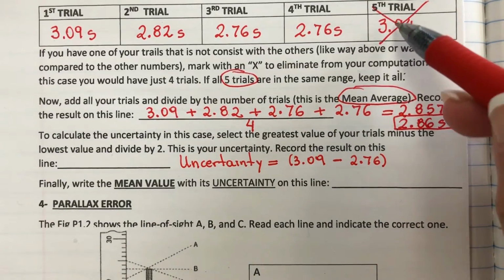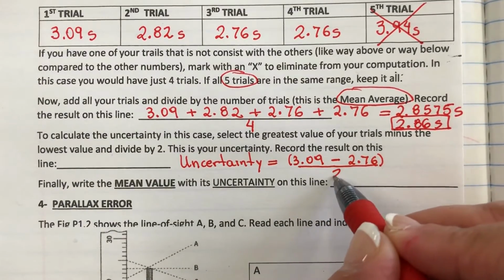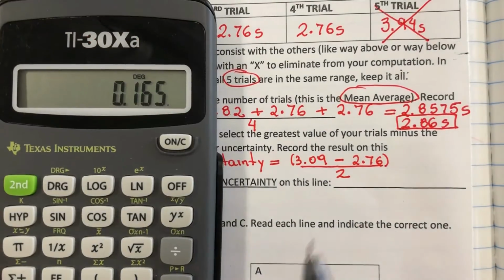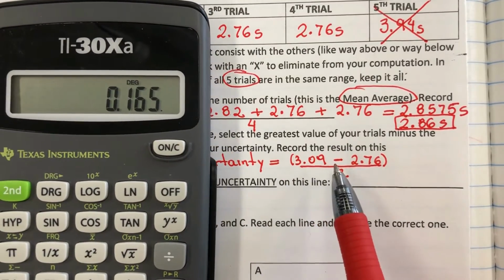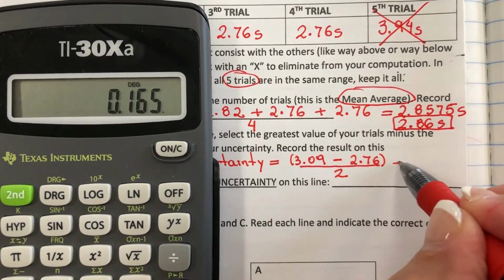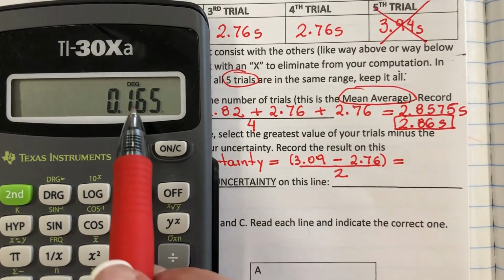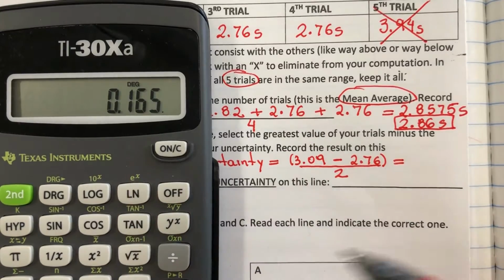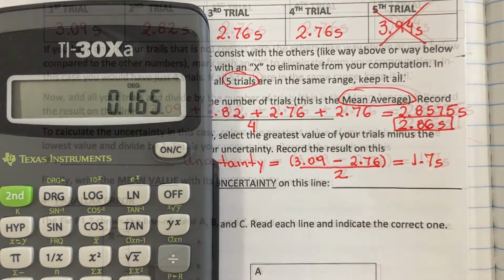Remember that I eliminated these, so I don't use them in my computation. All this divided by 2. So this is the result of my uncertainty. And again, because I can use just 2 decimals, I need to round this number. So it will be 1.7 seconds.